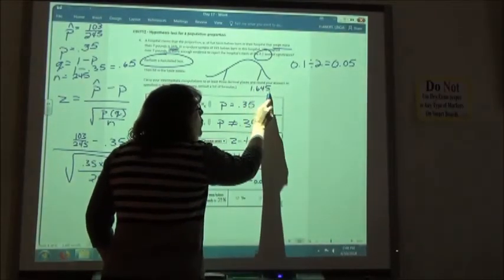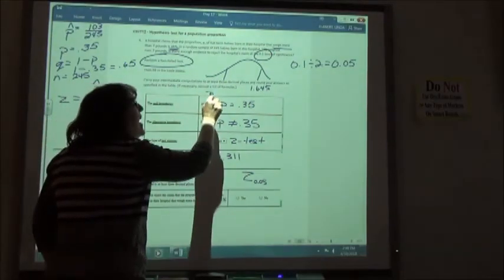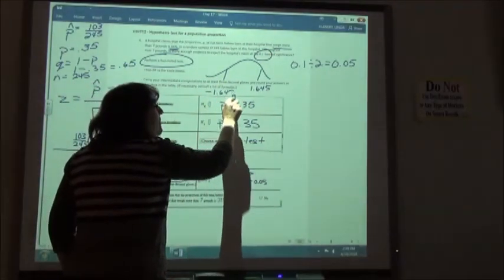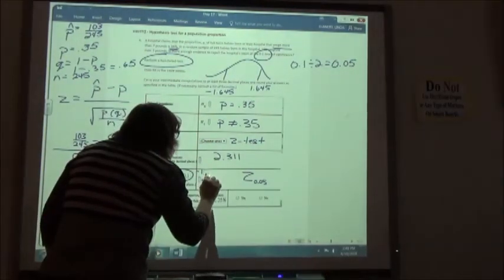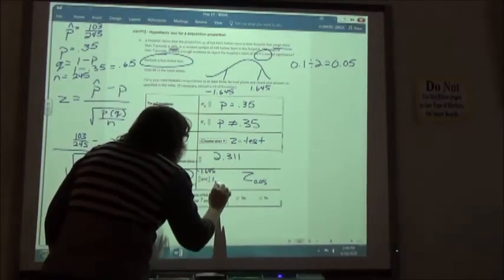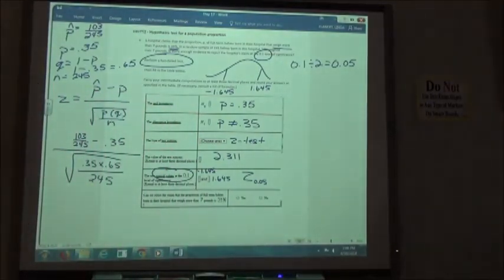So if this number is 1.645, then this number is going to be negative 1.645. Okay? So we want negative 1.645 and positive 1.645 for our critical values.